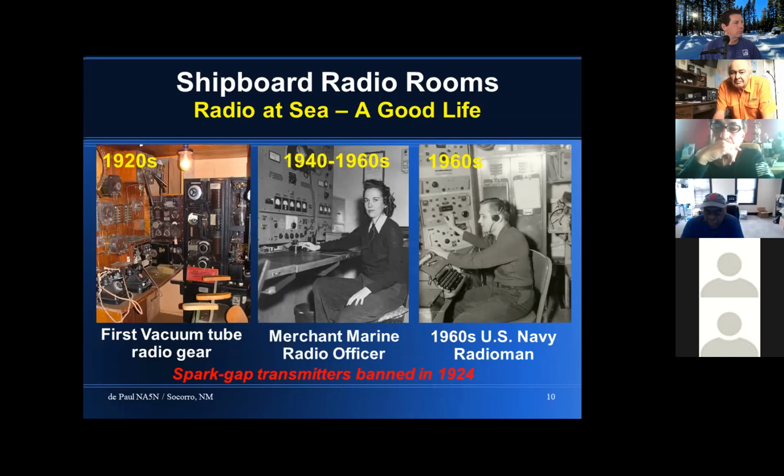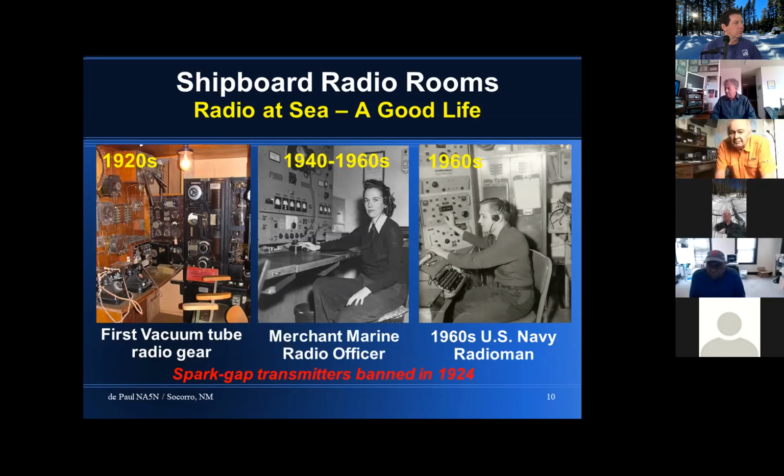Before that time, they were referred to as radio men because they were all male. Starting in the 40s, women were discovered to be every bit as good, if not better, with Morse code and handling these matters. They pretty much became a mainstay of the merchant marine as the years passed on.